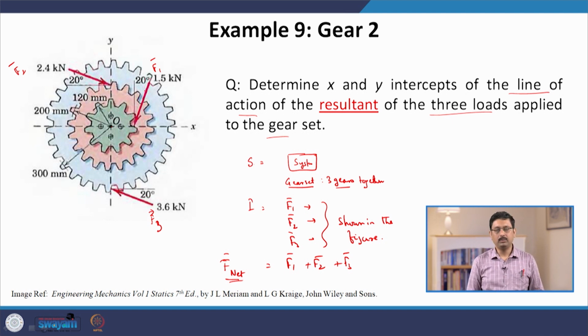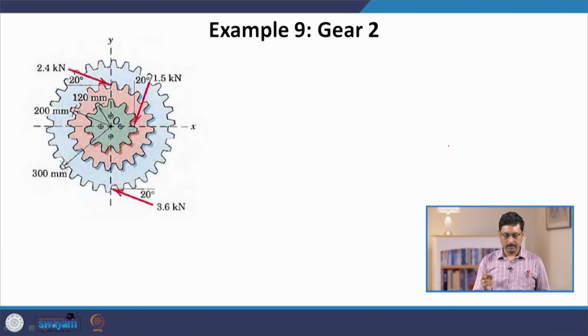So, the total moment must be the same, then the state of motion will be the same if we replace these individual forces by a resultant force. So, this is the question, the aim is the same. Let us proceed further. First we need to calculate the total force.